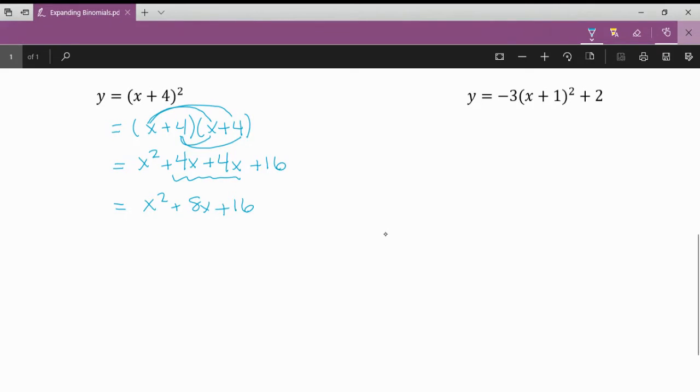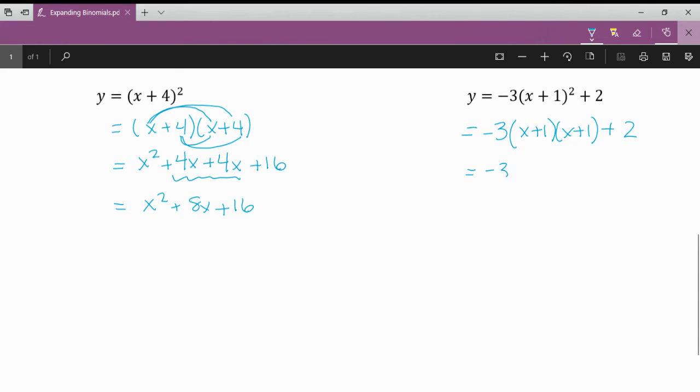Okay, last one. Let's look at this one. This one is a quadratic equation in vertex form. So let's just do a reminder. That -3 would hang out outside. Then we would have x plus 1 times x plus 1, since that's what that squared means, plus 2.